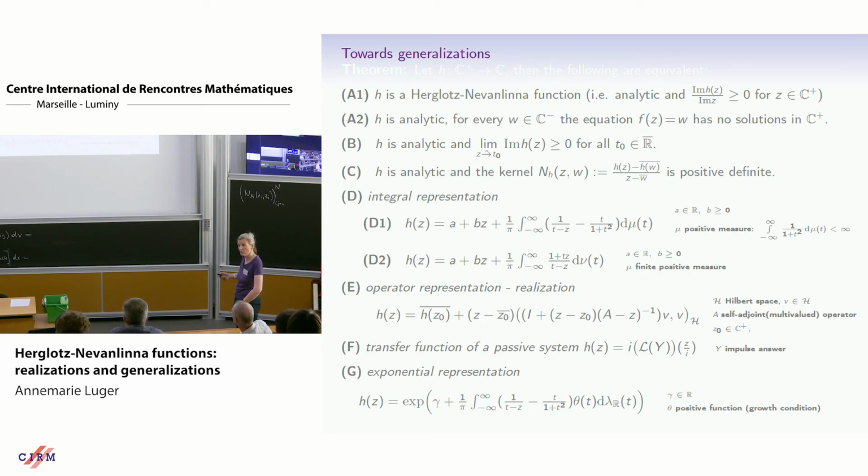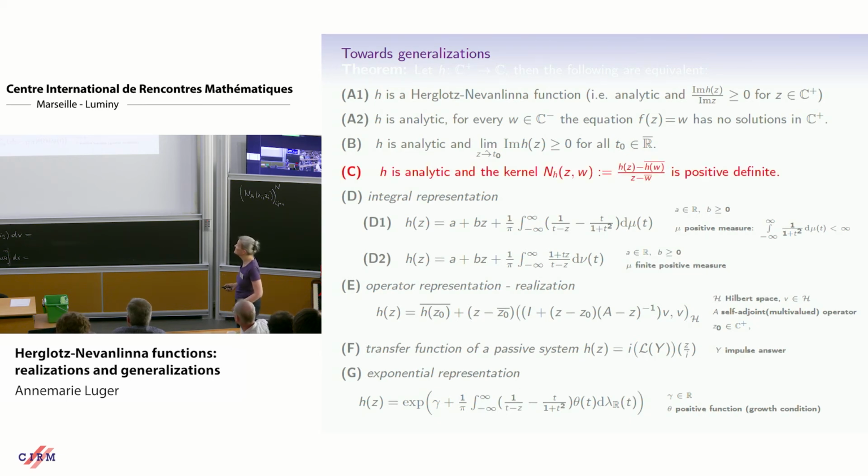Of course, this will not be equivalent in general. But let's have a look. So I was thinking, which one should I start with? Because they lead in different directions. So I decided to use the one that I was seeing first, namely number C, this kernel property.